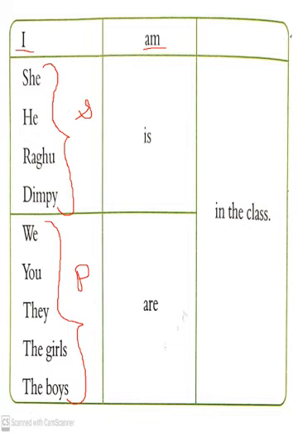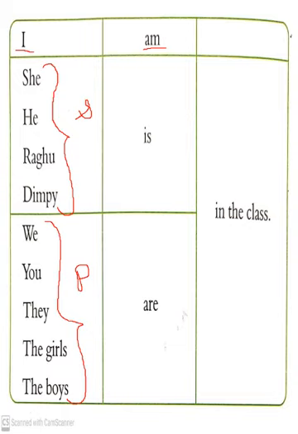First, we. We means the word in which we count ourselves. So when we are counting ourselves, at that time what are we going to use? With we, we are going to use are, because we are many in number, they are plural in number. So we are in the class. You.